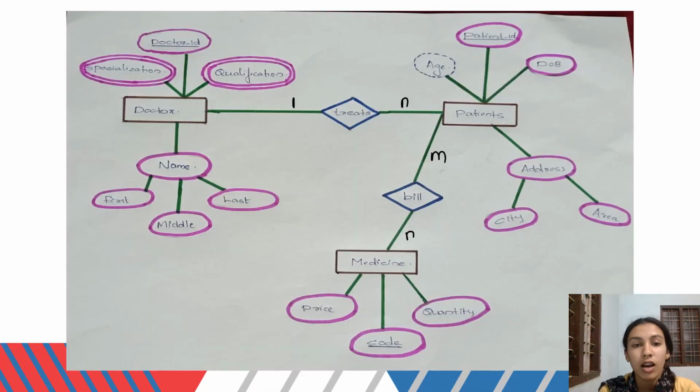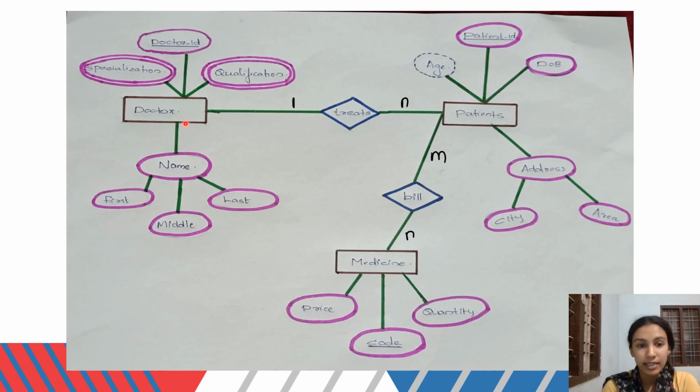And this is my ER diagram of the hospital management system. And we can see here doctor, patient, and medicine are the three entities present here. The doctor and patient entities are related by the relationship treats, and patient and medicine are related by the bill relationship. So this means a doctor can treat a patient, and the patient is billed for the corresponding medicine.